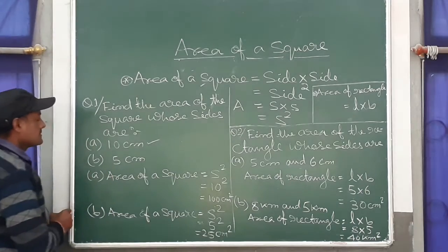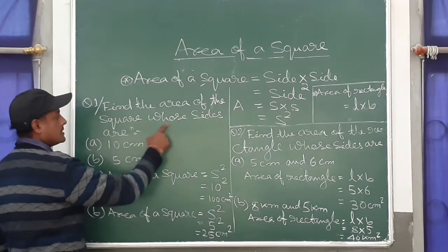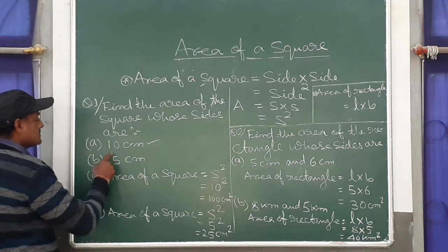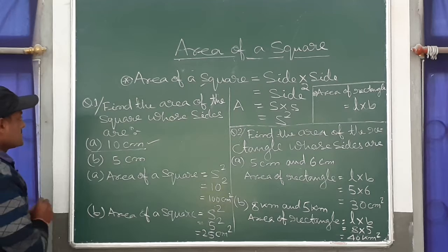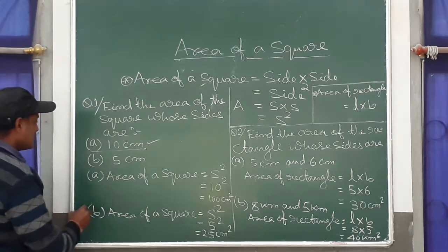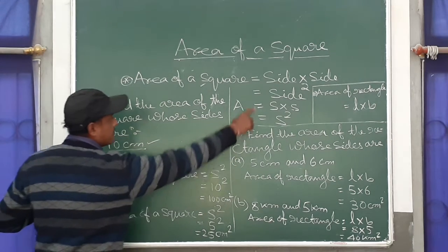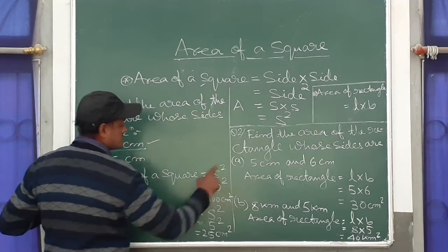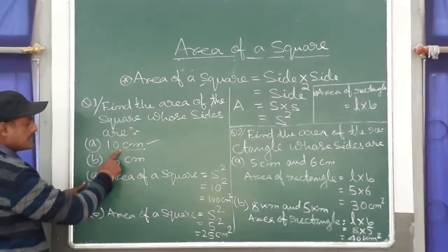Question number A. The first question is find the area of the square whose sides are, first one is 10 centimeter. So the side of the square is 10 centimeter. We will write area of a square is equal to, the formula I told you, S square. One side is given, that is 10 centimeter.